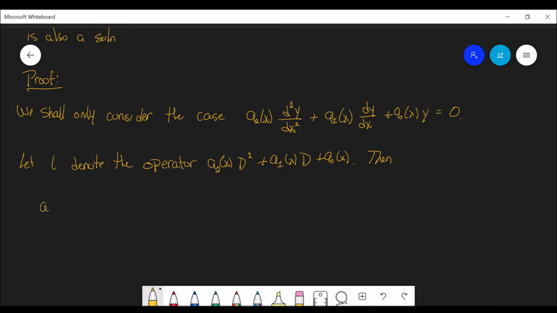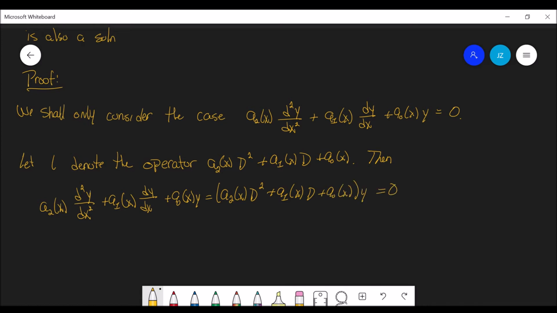Then we can rewrite our differential equation as this: a2 of x d squared plus a1 of x d plus a0 of x, and then all of that y is equal to 0.